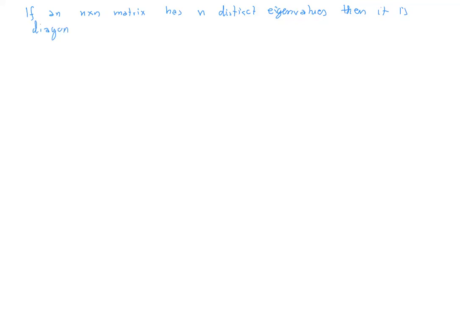So we can diagonalize it. And the other really cool thing is that if A is a triangular matrix, then the diagonal entries are the eigenvalues.